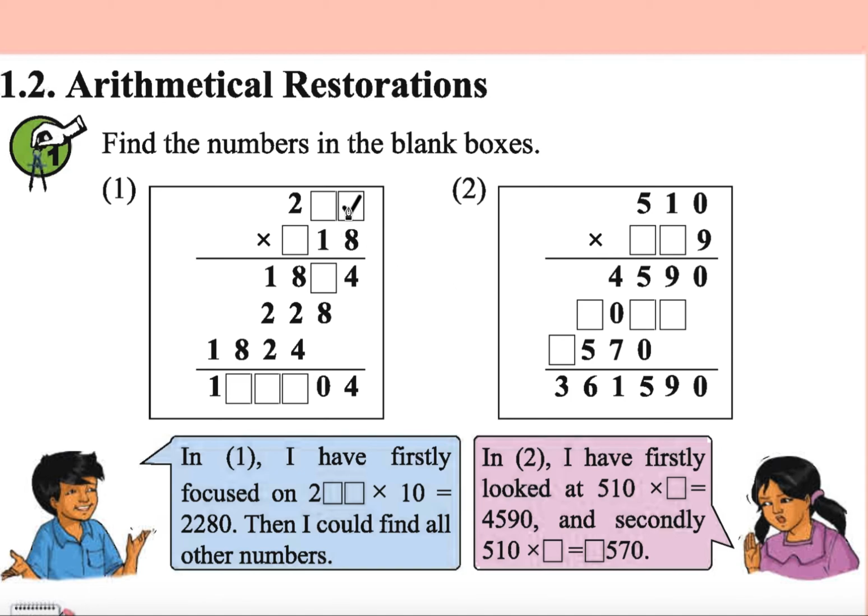How come? See the 100th position. If you multiply with 1, it should be 8 here. You got the point?